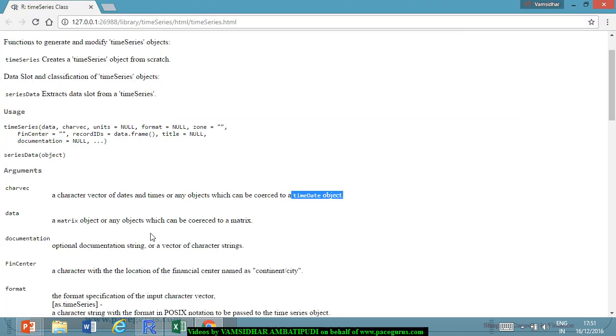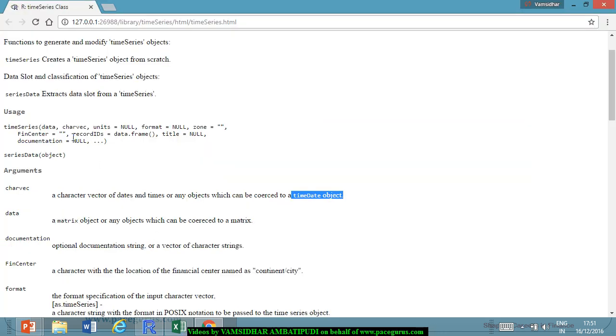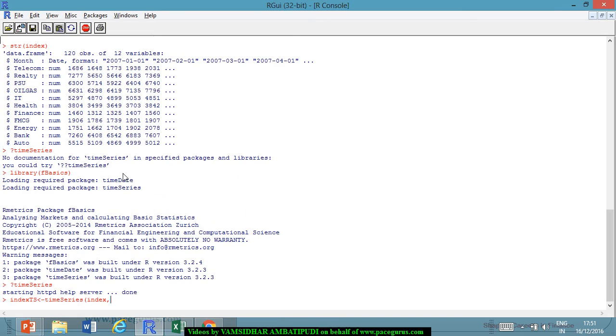So I'll take the index data as it is, and I will take the character vector, char vec.